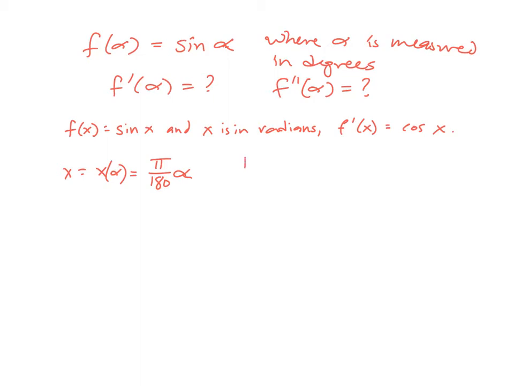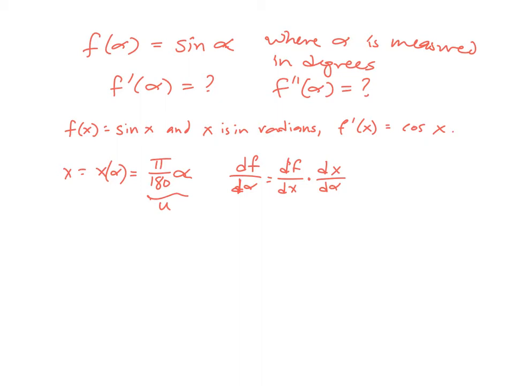And so if I'm looking for the change in f with respect to alpha for the first derivative, that's really the change in f with respect to x times the change in x with respect to alpha. I'm thinking of using my inside function as pi over 180 times alpha.